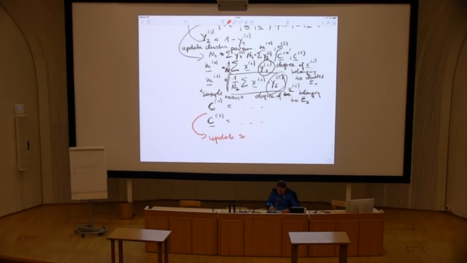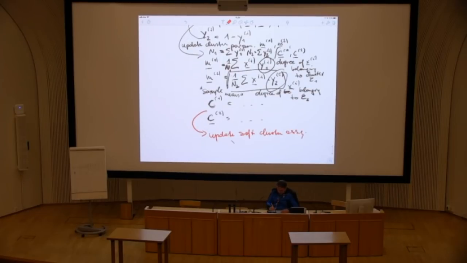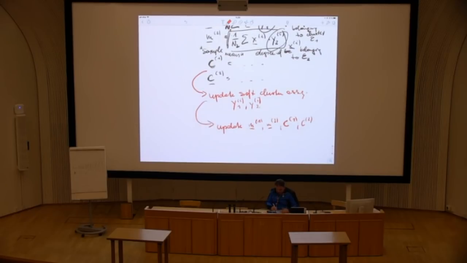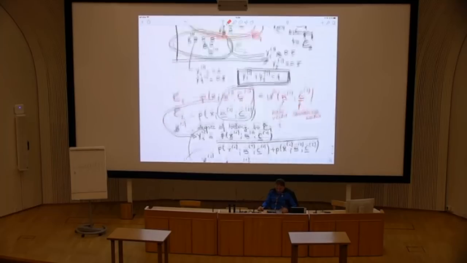Update soft cluster assignments yi1 and yi2. Once we have updated the degrees of belonging, what do we do? We update the cluster parameters. Update M1, the shape of the Gaussian distributions which represent the clusters, C2, and so on and so forth. And this yields a soft clustering algorithm, which is based on a Gaussian mixture model.